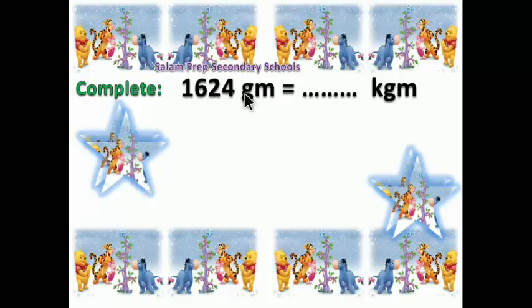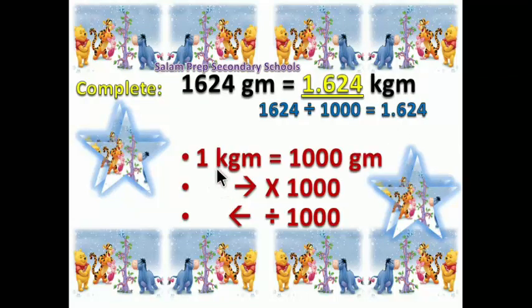1624 grams equal blank kilograms. We know 1 kilogram equal 1000 grams. Now we need to convert from grams to kilograms.